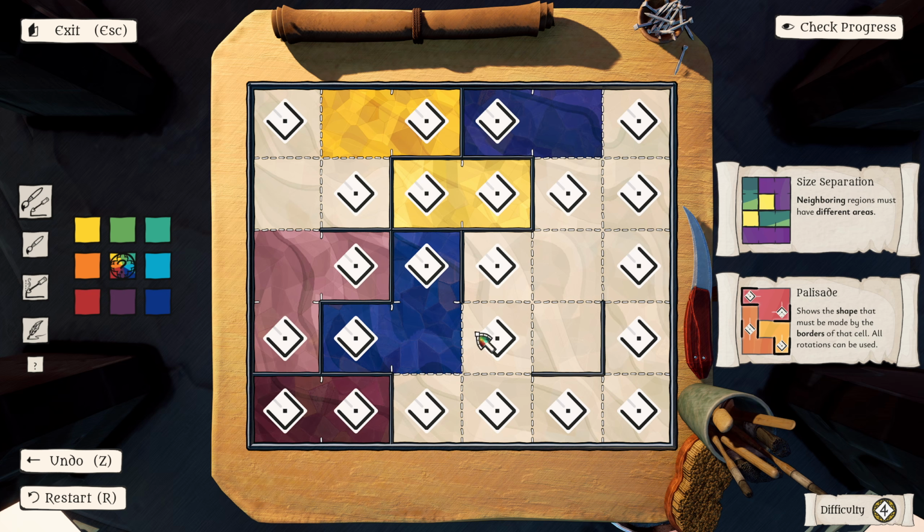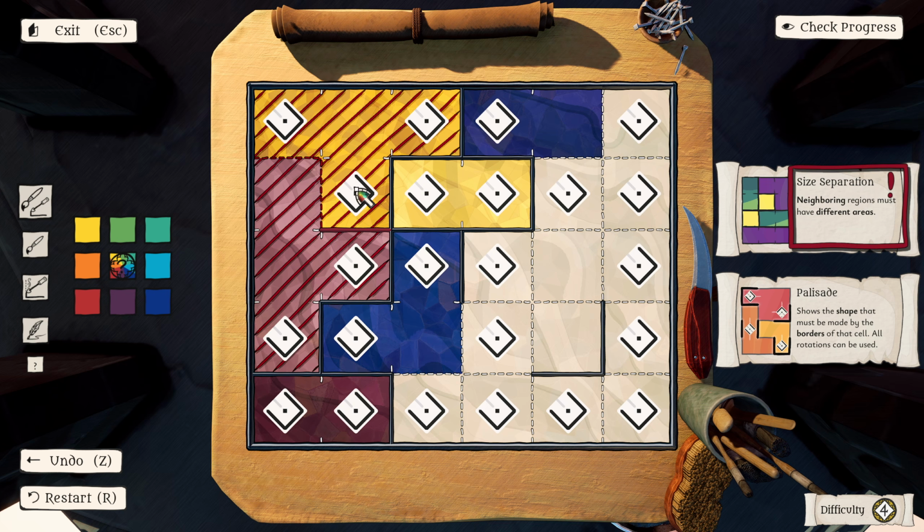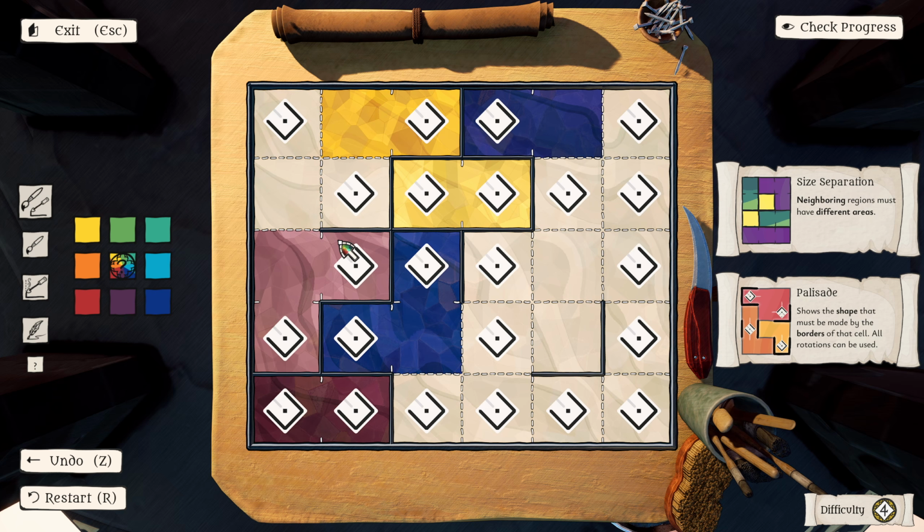They can't both be 3s. So one of them needs to take on something. We can't do this because that makes 2 4s next to each other. So this looks like it's going to be a 3 and a 5. Therefore, this can be a 3, if it wants to be.